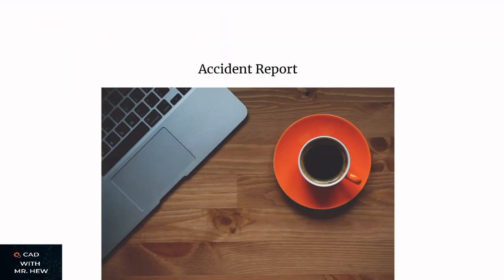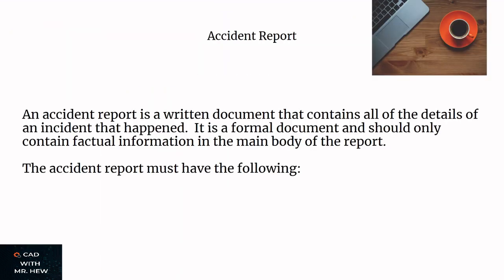The accident report is a written document that contains all of the details of an incident that happened. It is a formal document and should only contain factual information in the main body of the report.